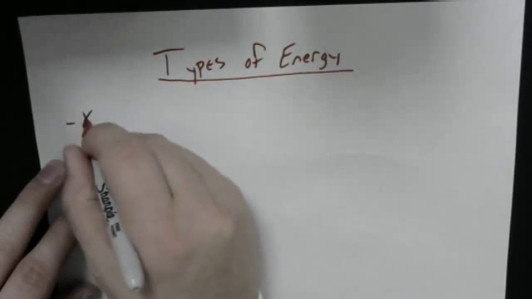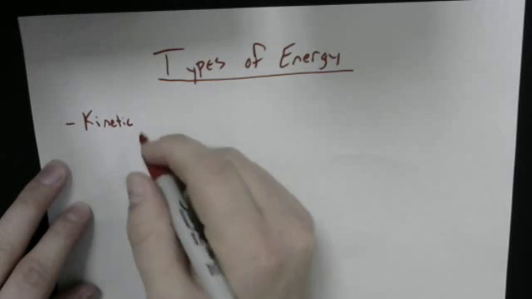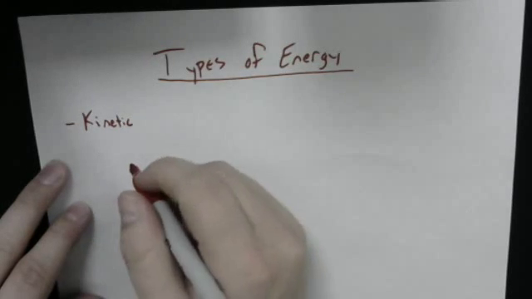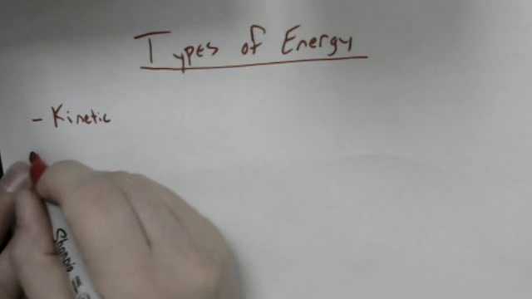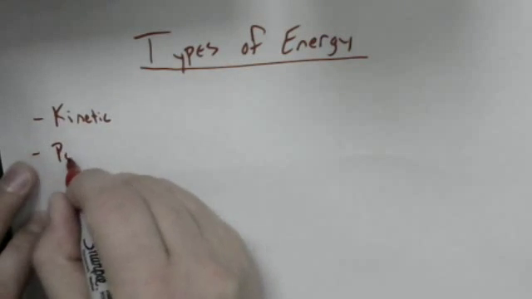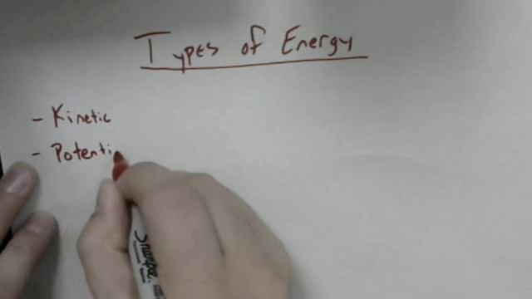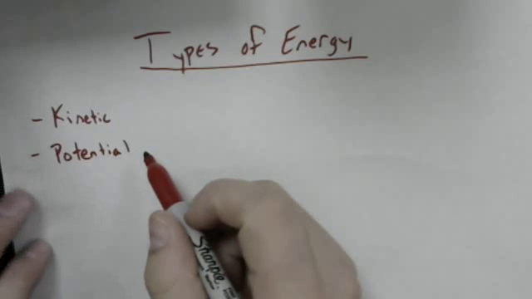One main one is kinetic. And that's just energy in motion. Anytime something's in motion, that is kinetic energy. Okay. Then we have potential. That means it's at rest, it's stored up energy that's not being used.